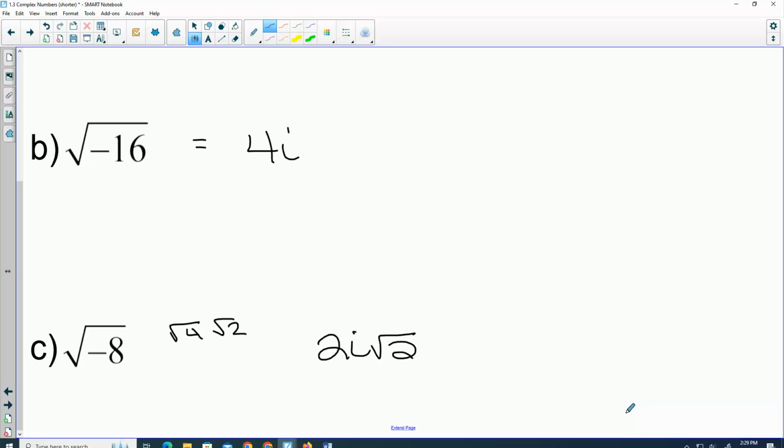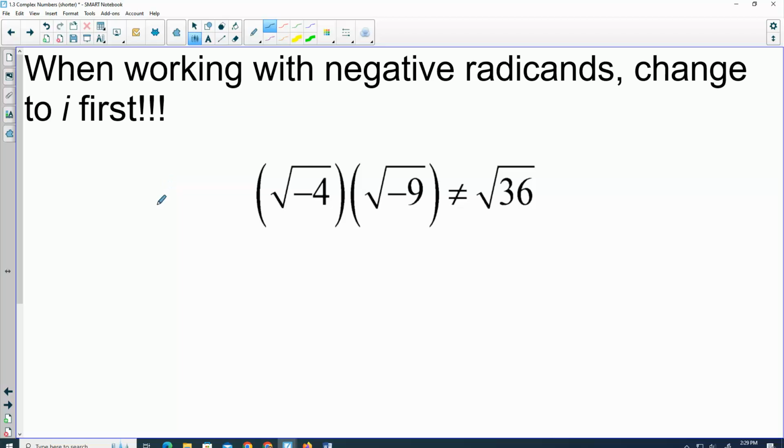Any questions so far? When you are dealing with negatives under your radical, it is very important to pull out the i before you work with it. If I gave you the square root of negative 4 times the square root of negative 9, if you just multiplied those, you would get the square root of positive 36, which is 6, right? But what is the square root of negative 4?